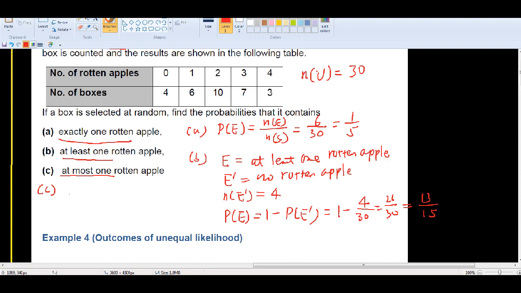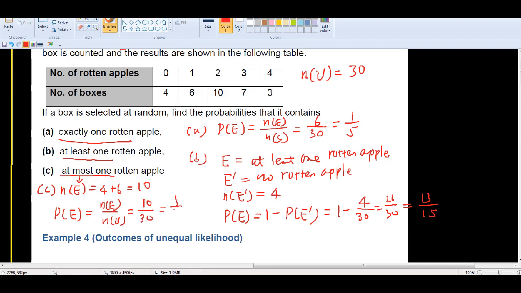So this time, number of cases for at most 1 rotten apple should be number of boxes with no rotten apple and number of boxes with 1 rotten apple, 4 plus 6, be 10. So probability of that event equals 10 over 30.